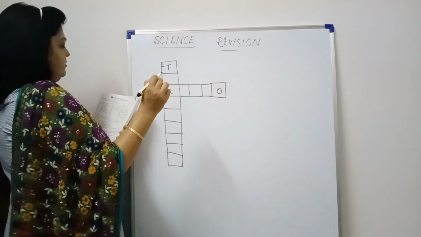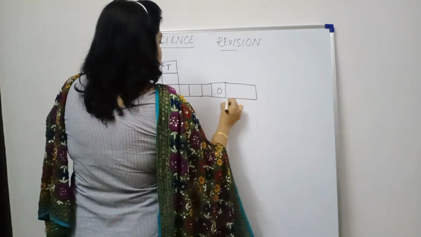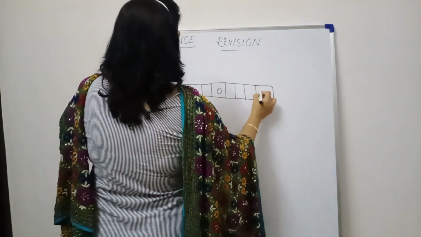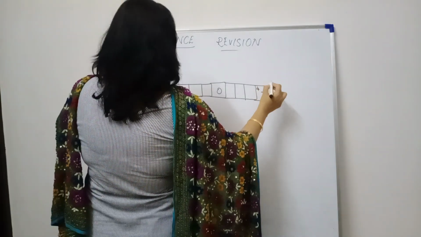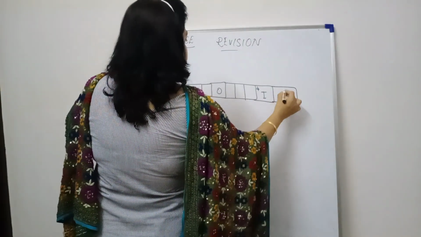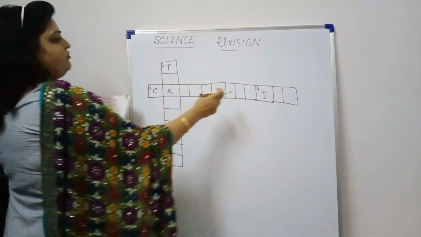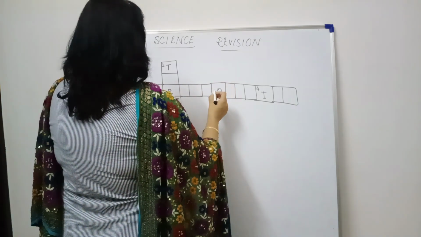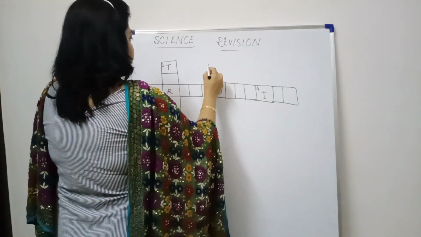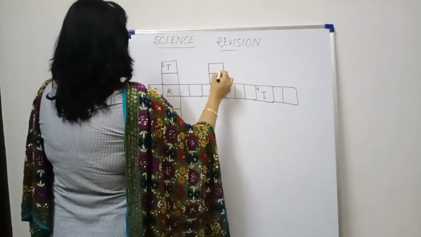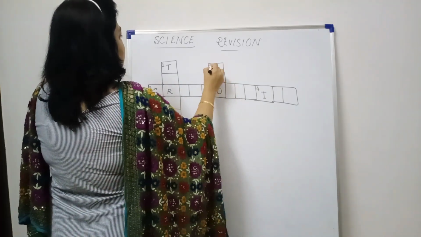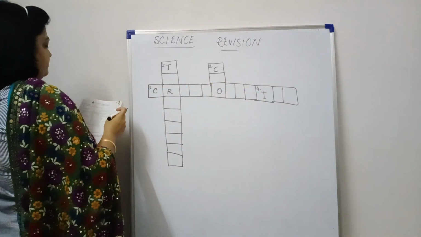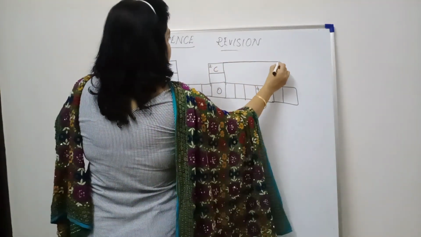another letter given over here. Just draw those. Okay, then fourth one is here. After this, with this O, we have number 2 with the letter C. Okay, then we have something more over here.